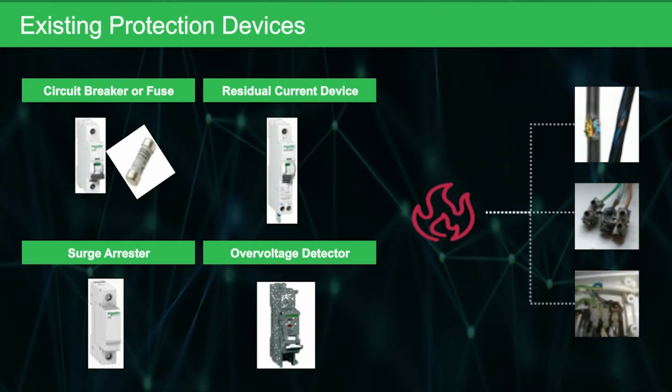We've got the existing protection of MCBs, RCDs, surge arresters, and even overvoltage detectors. None of those will detect that type of arc. The reason is that it's small in current and small in duration, and usually there are two types of arcs: series and parallel.